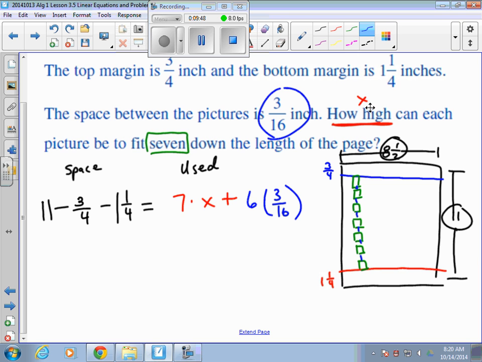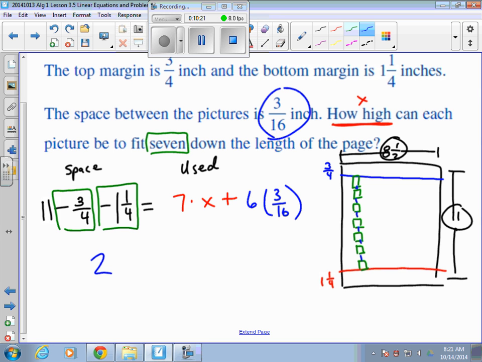Okay. So fortunately for these numbers on the left-hand side, negative 3/4 and negative 1.25, we can put those two together. They're both negative, so you're going to add them up. 1.25 plus 3/4 is going to be 2, because 3/4 plus 1/4 gives you a whole. 1.25 plus 3/4 is another whole, so you add the 1 whole with the second whole and you get 2 wholes.